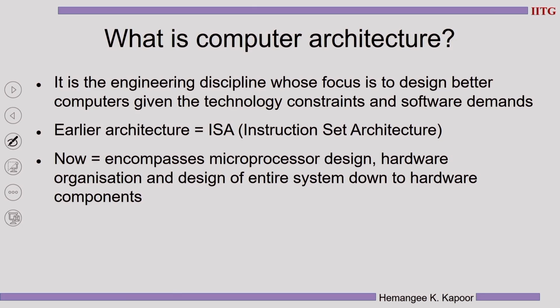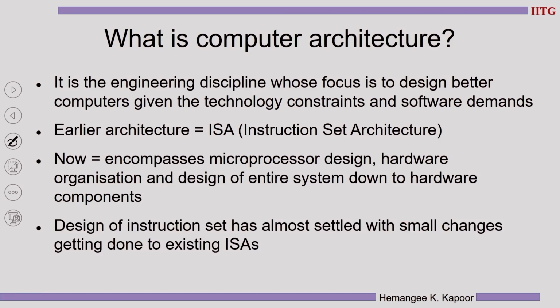The concentration shifted from ISA design to whole system design, like microprocessor design and how the systems are organized: what different components I am going to give, how much memory I am assigning, what the bandwidth is, what disk capacity I can support, and so on and so forth. So, performance and capacity were different aspects that were getting added to the design.